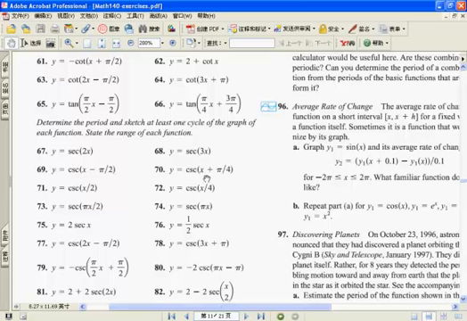Now let's look at problem 78. Determine the period and sketch at least one cycle of the graph of y equal to cosecant of 3x plus pi, and state the range of this function. So problem 78, the function is y equal to cosecant of 3x plus pi.